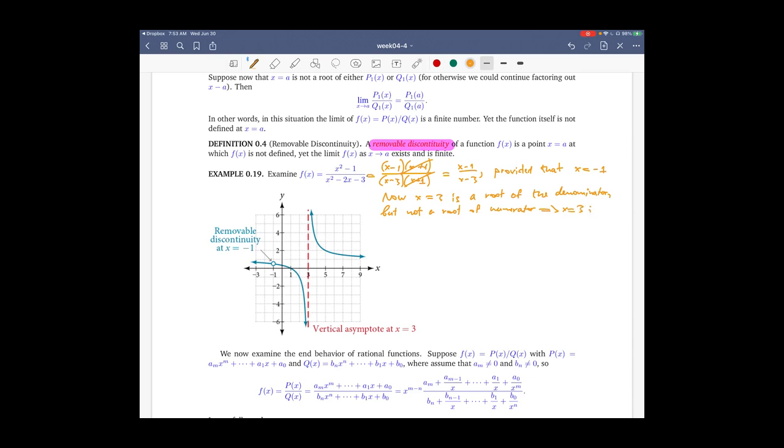And indeed, we see that x equals 3 is a vertical asymptote.